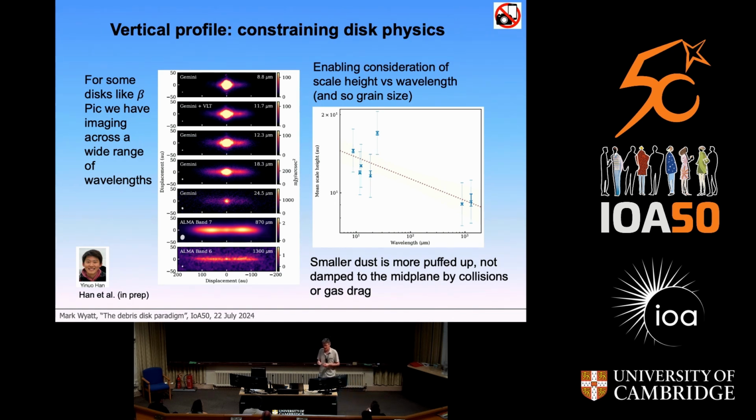And this is counterintuitive. It's not what we expect. We expect the disks to be thinner when you look at smaller dust grains that might be affected by settling by gas drag or by collisional damping.